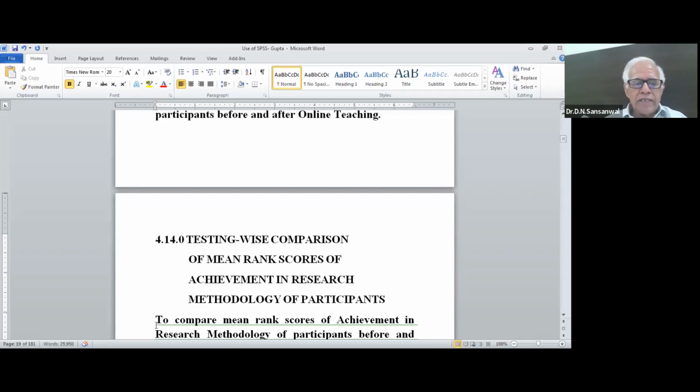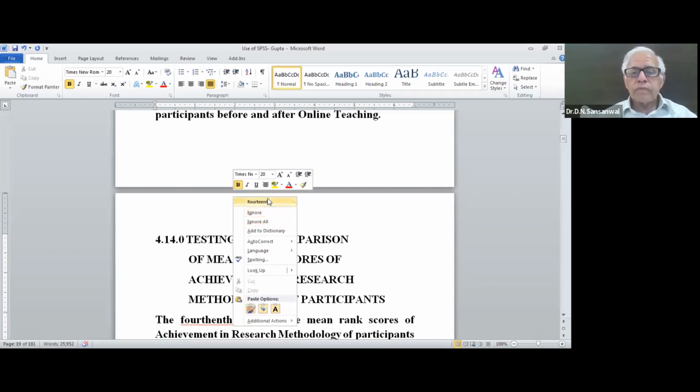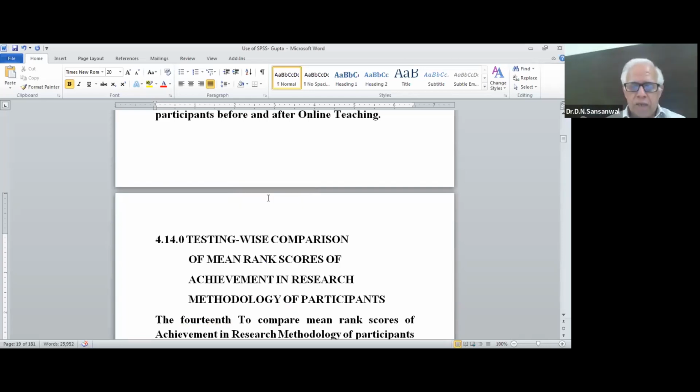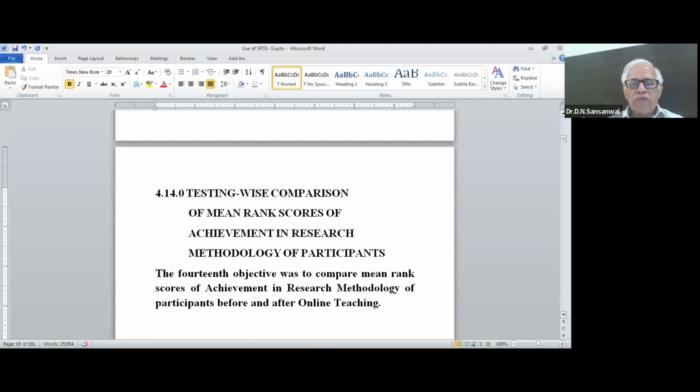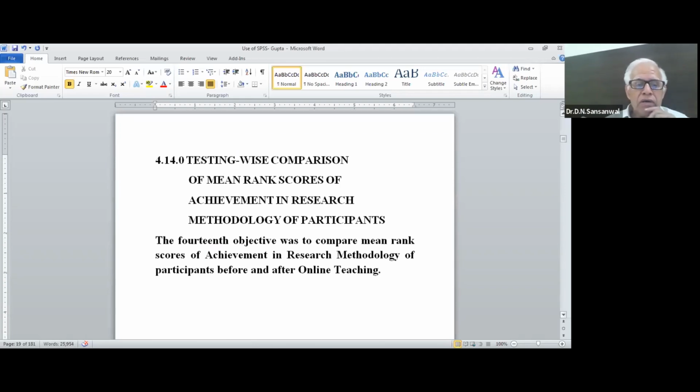And then the 14th objective was to compare mean rank scores of achievement in research methodology of participants before and after online teaching.